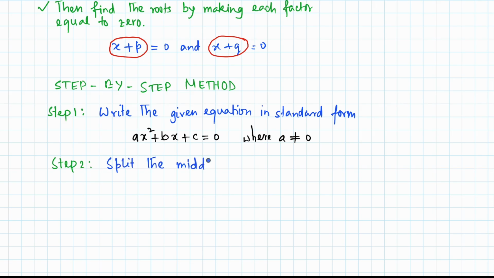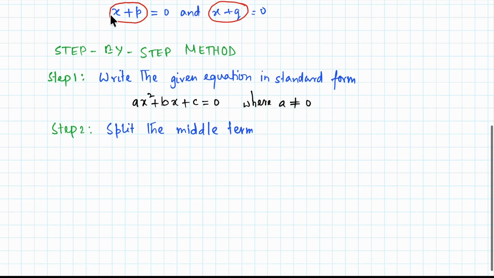Step 2, we split the middle term of the quadratic equation. What does this mean? If we have the equation ax square plus bx plus c equal to 0, this b is the middle term.